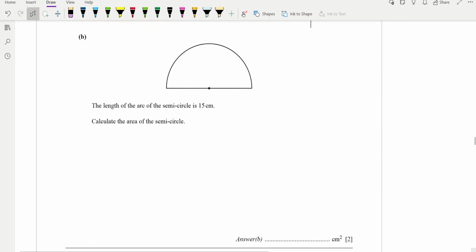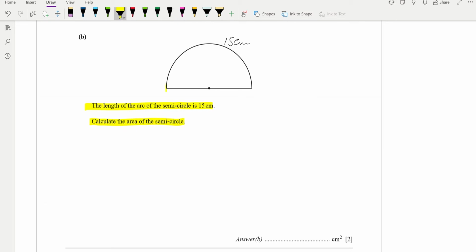Now part B is saying the length of the arc of the semicircle is 15 centimeters. Calculate the area of the semicircle. So the length of the arc is 15 centimeters.